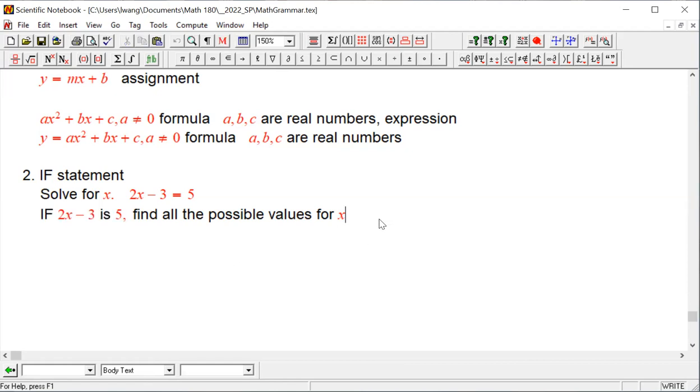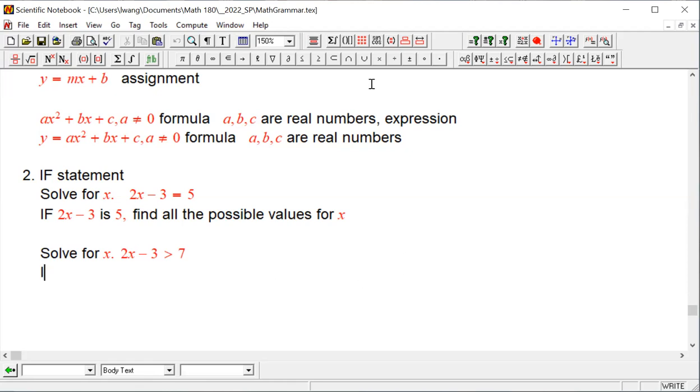Another example of if statement. They may ask you to solve for x, which you typically see, but this situation would be 2x minus 3 larger than 7. What does that mean? It is still an if statement.